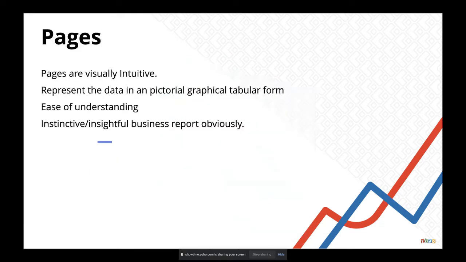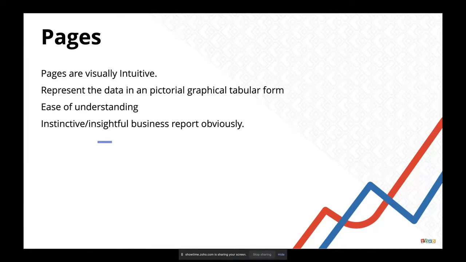Coming to a few characteristics of pages, pages are visually intuitive. We know we have a lot of graphs and widgets, and we also saw we can build custom widgets and JavaScript widgets using HTML, ZML, and JS.